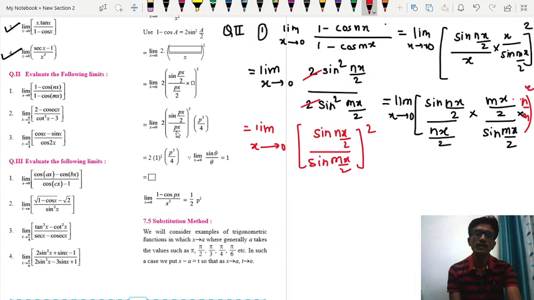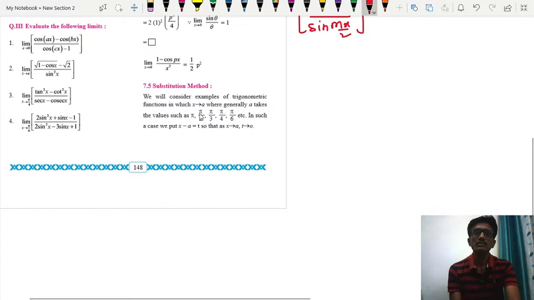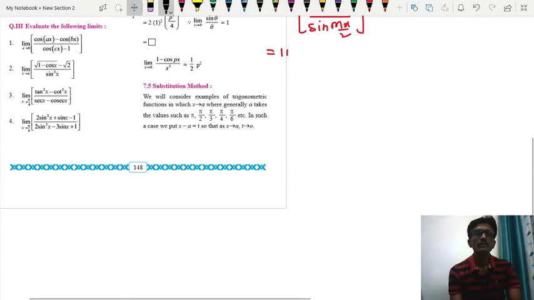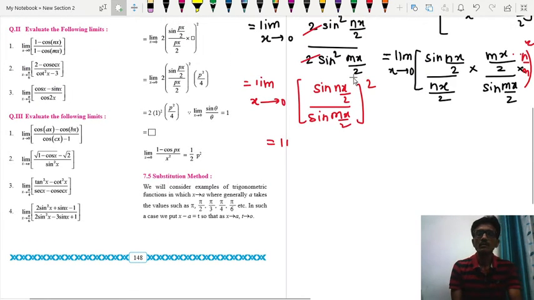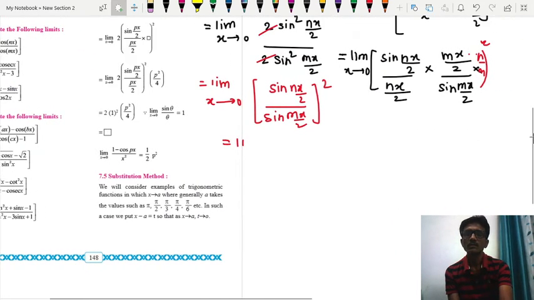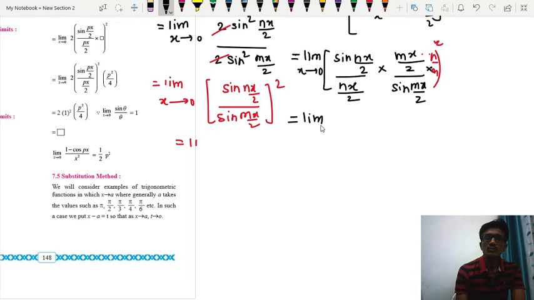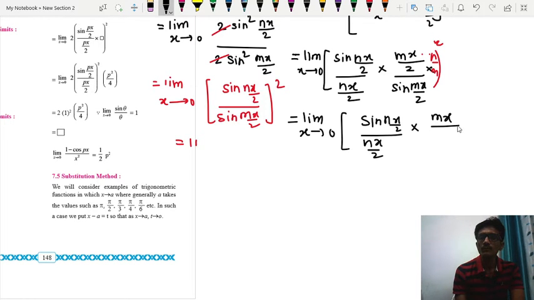The same step we'll write next, and it is limit x tends to 0, (sine of nx upon 2 divided by nx upon 2, into mx upon 2 upon sine of mx upon 2), and n upon m we have multiplied here, so it is n square by m square.